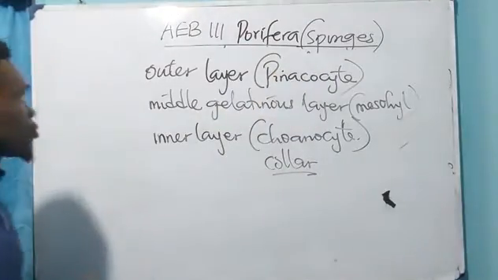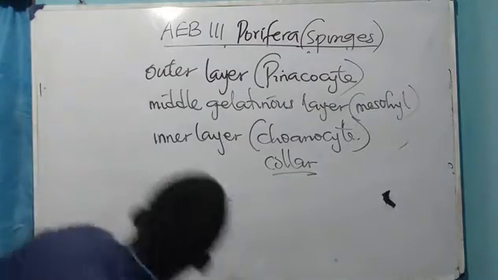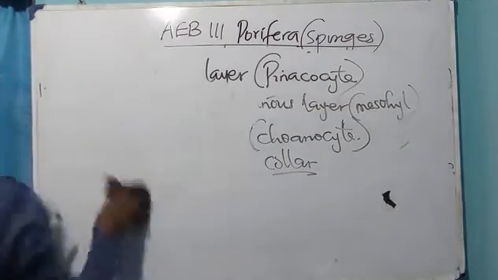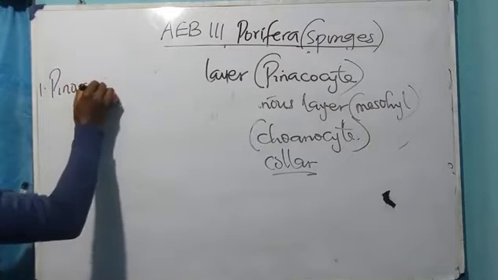Now there are different cells in the sponges. We have one called pinacocyte.